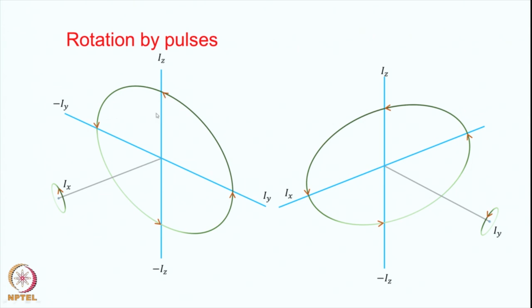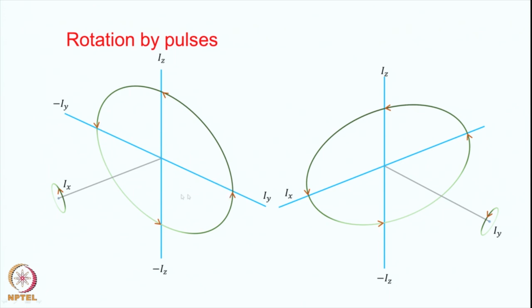If I were to rotate by 45 degrees, then the rotation will take the vector from here to here. So, this angle will be 45 degrees, so I will have a component Iz and a component minus Iy. Any angle can be chosen. If I have a 90 degree pulse, it takes me to minus Iy, but if I have a beta pulse, then I will have a cosine beta component for the Iz and a sine beta component for the minus Iy.